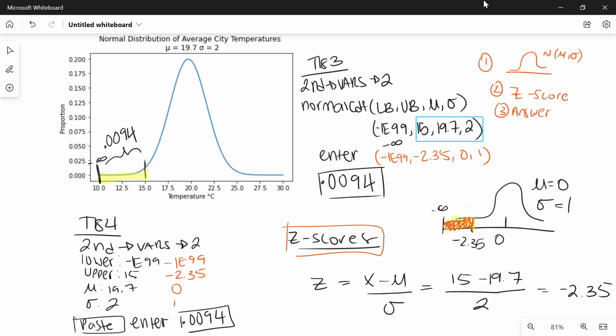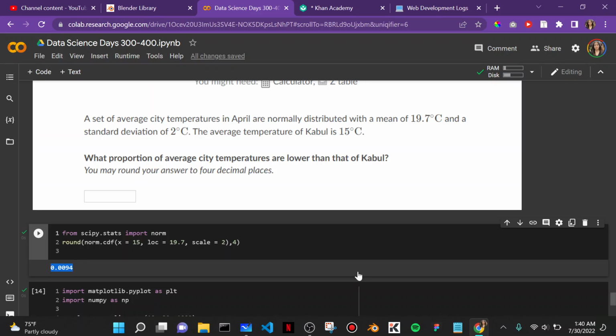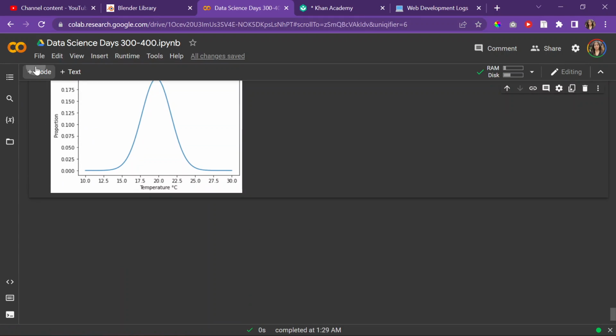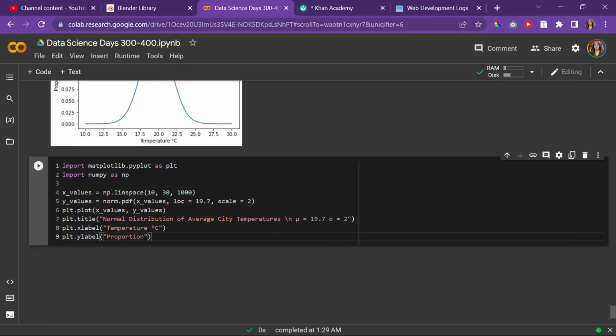Let me do it in Python just to kind of reinforce the point. So in this case, the graph of that would just look like the following. So it would be 0, and then this would be 1, and then this one would just be -3, 3.